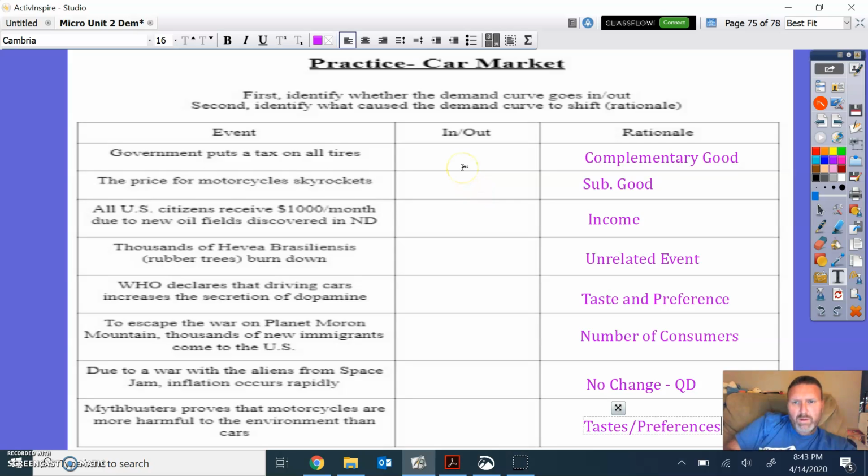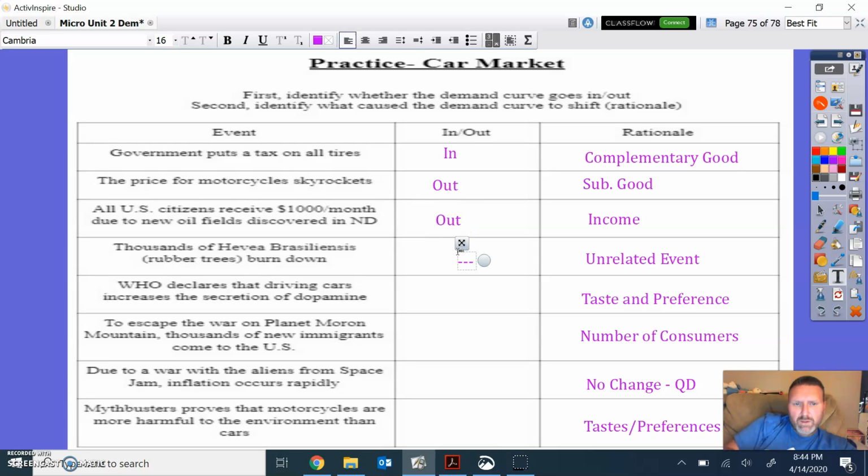People would want to do that. Tax on all tires, so the price of tires goes up. That means this is going to move in because people are going to want fewer cars. Motorcycles skyrocket, so people are going to want more cars. It's going to move out. People are going to get $1,000 a month. Out, because now people have more income.